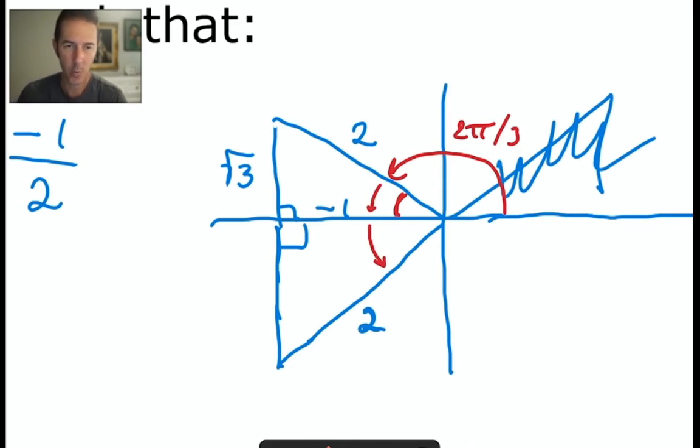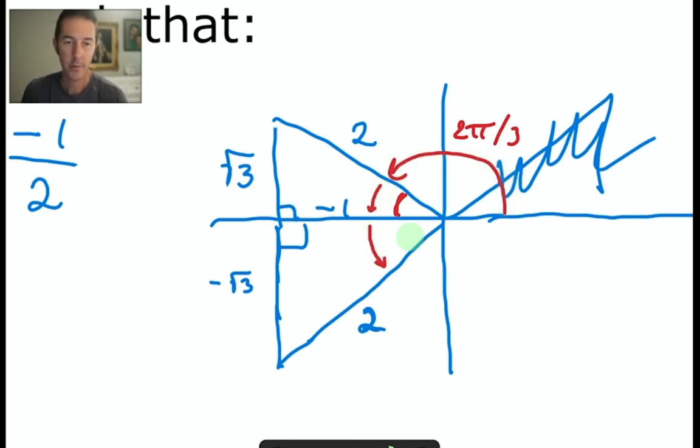Adjacent side still -1, hypotenuse still 2. Therefore, it must be a 30, 60, 90 triangle. Therefore, the missing side must measure the square root of 3. The fact that it's negative is fine, but more importantly, the fact that it measures root 3 means that this angle right here must be the pi over 3, which we already sort of confirmed by drawing this arc and then marching forward by these additional steps of pi over 3.